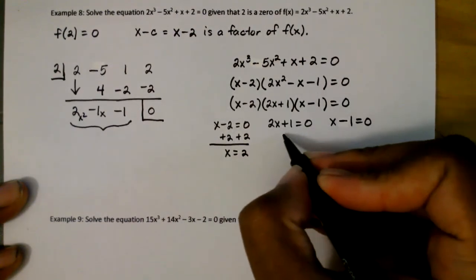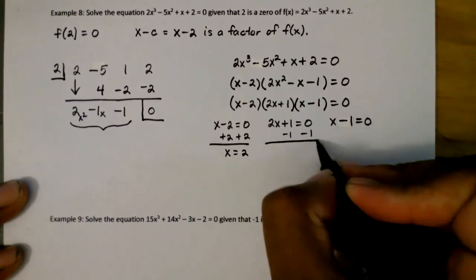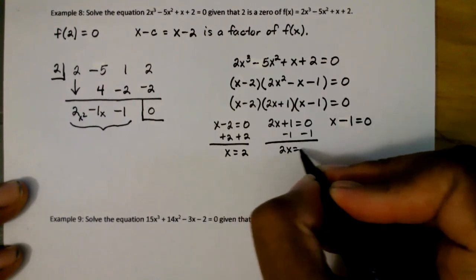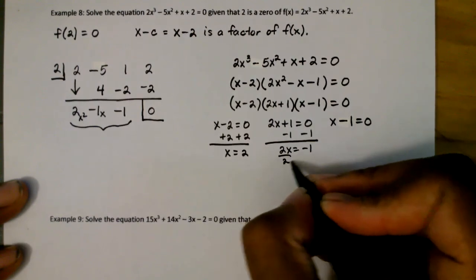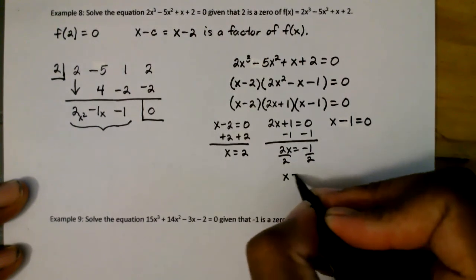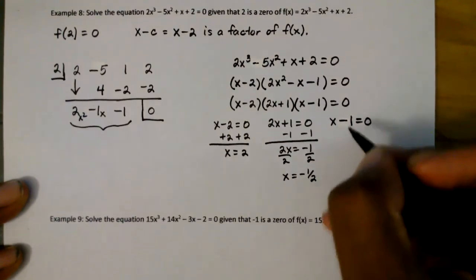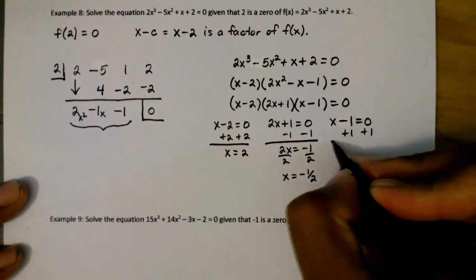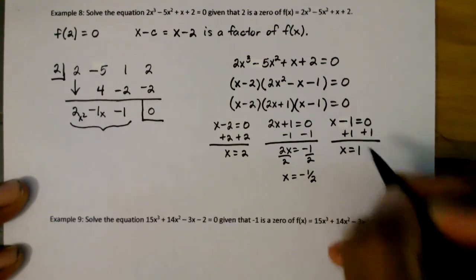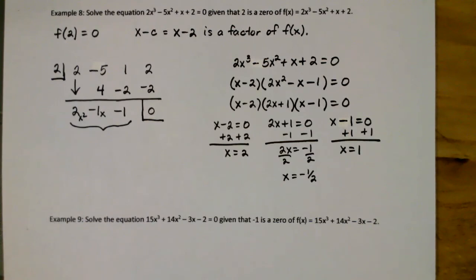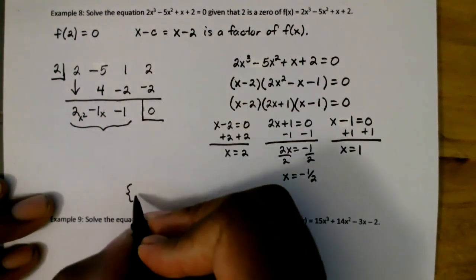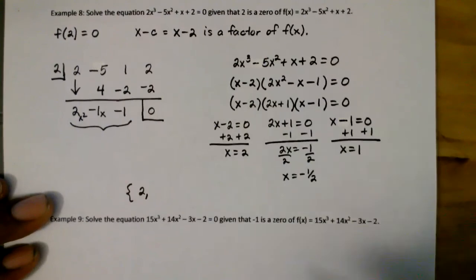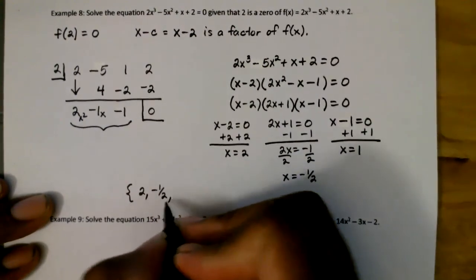Then for the 2x plus 1 equal to 0, if I subtract 1, I'm going to get 2x equals -1. Divide both sides by 2. This will be x is equal to -1/2. And then for x minus 1 is equal to 0, that means x is equal to 1. So these are all the solutions for that function f of x. That'd be 2, -1/2, and 1.